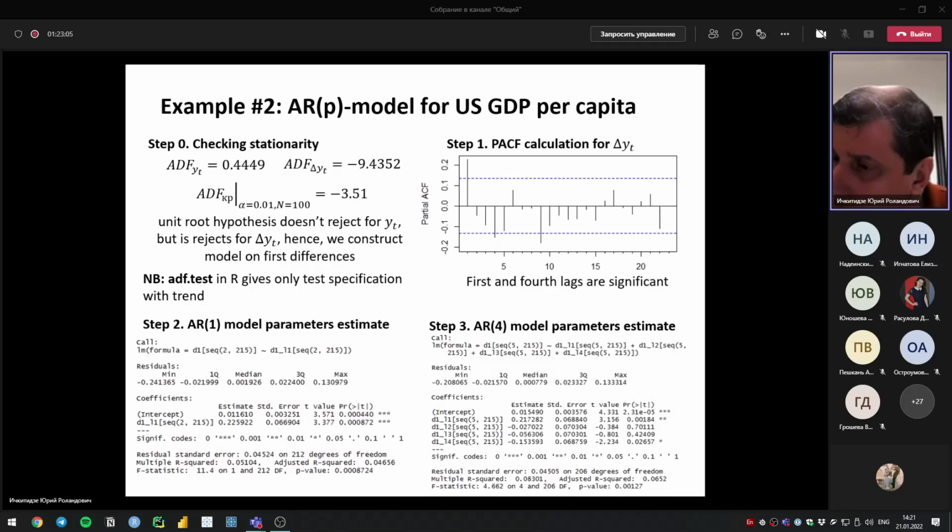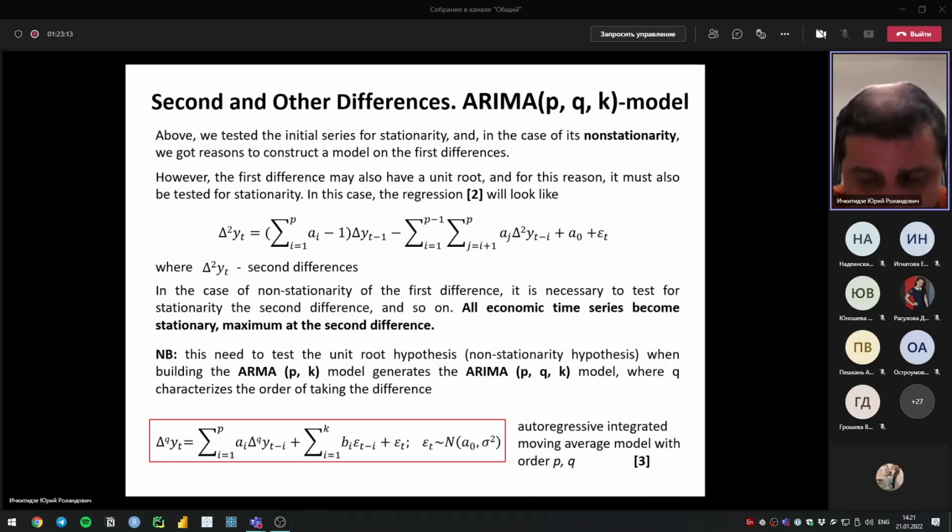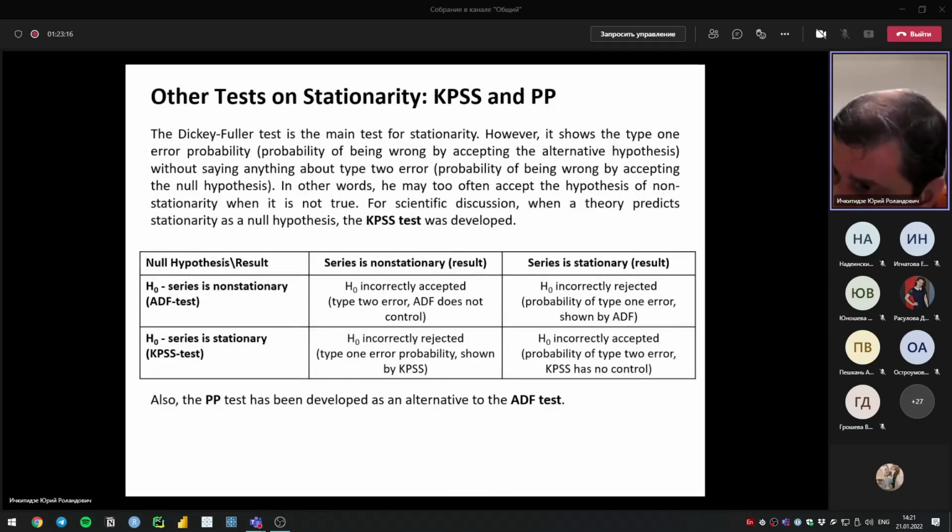Can we somehow distinguish stationary series and non-stationary series on the graph, or is it impossible? Yes, of course, but this is some simplification. For exact distinguishing, you need to run the Dickey-Fuller test. But for simplification, you can look at the graph, and if you see a trend in the data, for example, the data increasing or falling, then with high probability you can conclude that this data is not stationary.